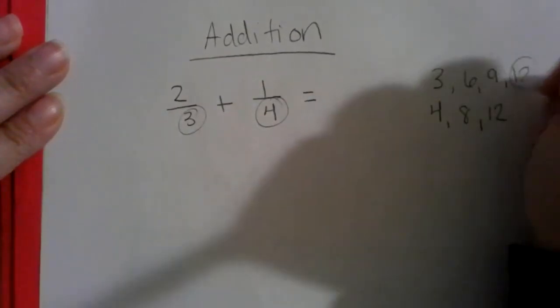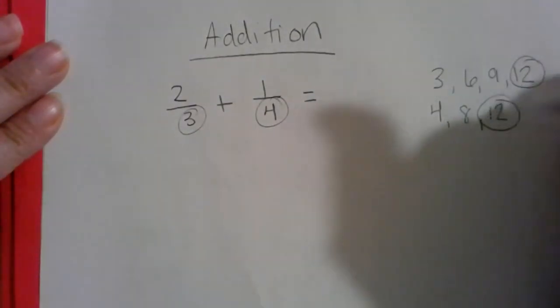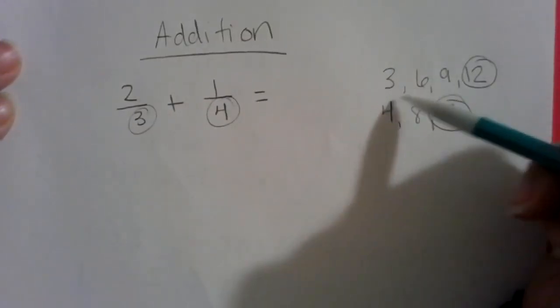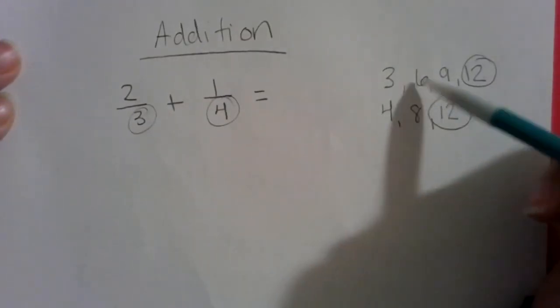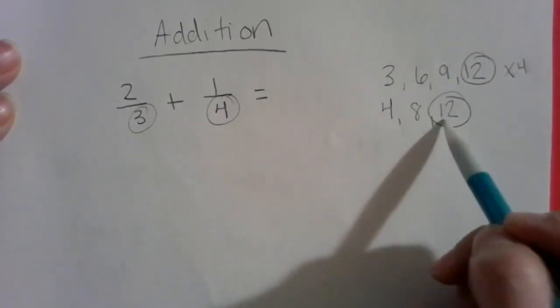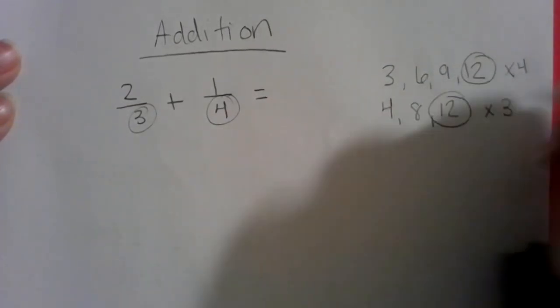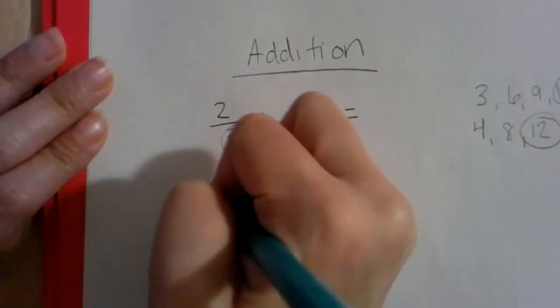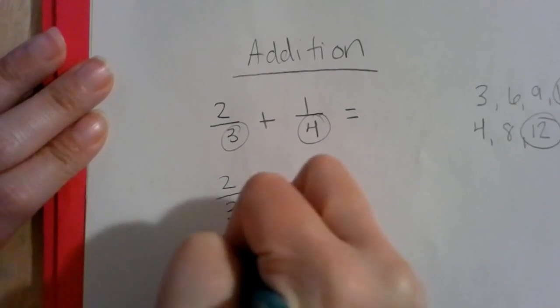So in this example, 12 is the first number we come to that's the same. So we're going to now count what we would need to multiply by. So 1, 2, 3, 4 times 4, and 1, 2, 3 times 3. Over here, we would need to rewrite these problems and stack them on top of each other.